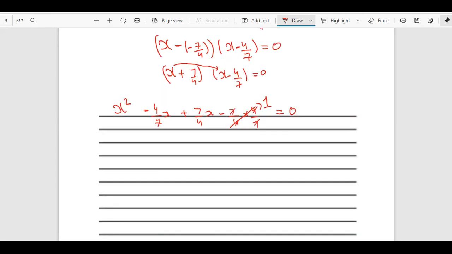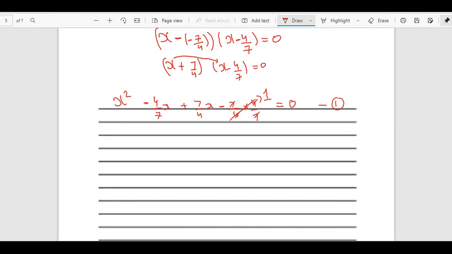Okay. So let's just multiply this equation 1 with 28, and we can do any multiplication, division, addition, subtraction with any equation if we are doing it for both sides. So if I multiply 28 on both sides, I will get x square minus. Okay, now for this, I can quickly take the LCM. 7 into 4 is 28.